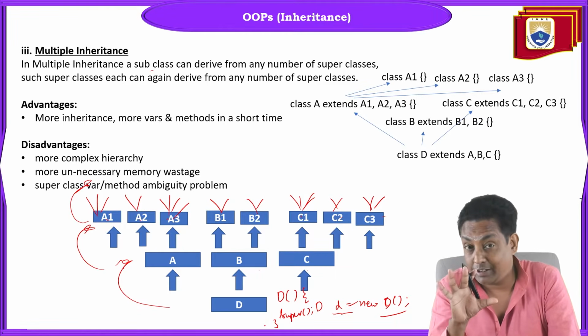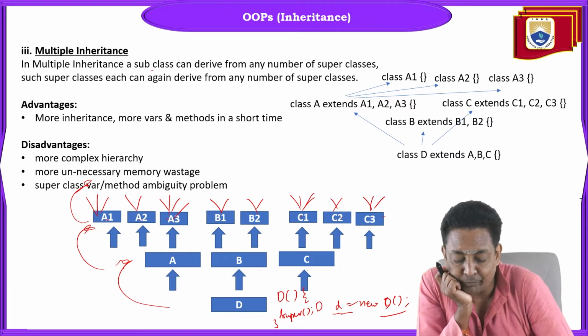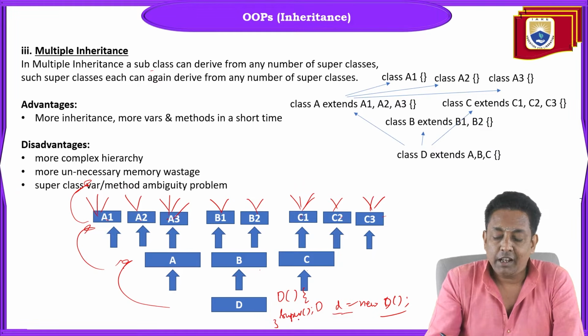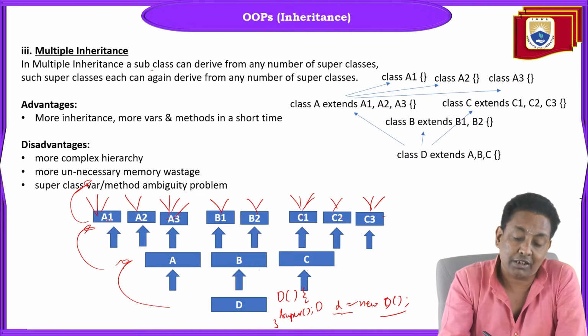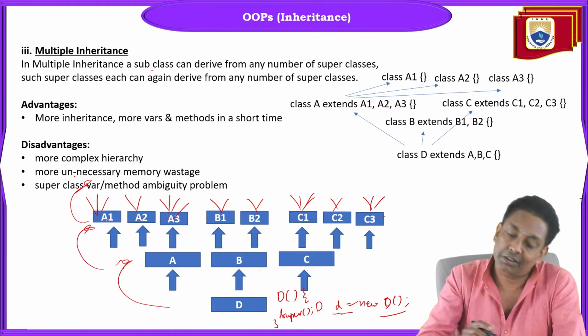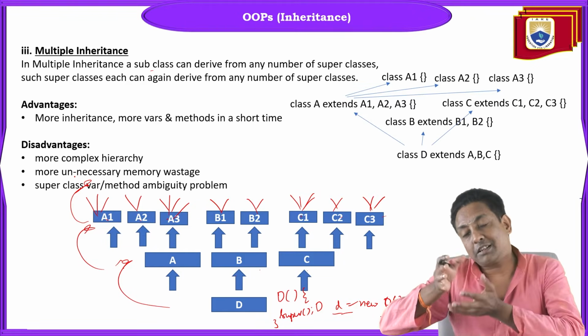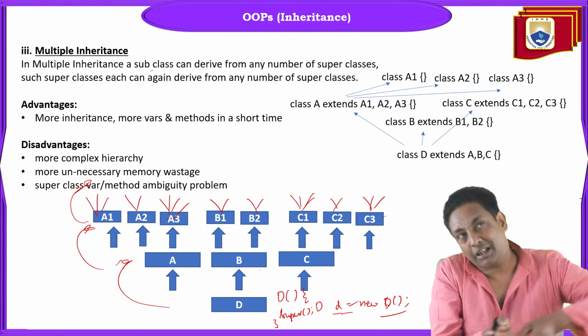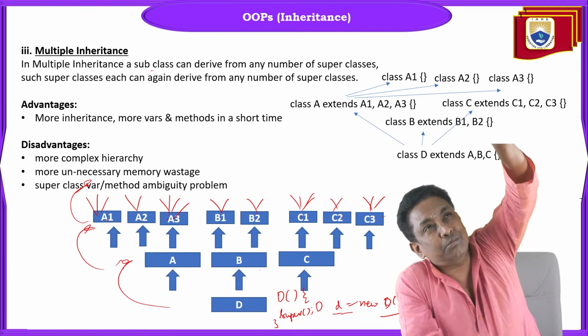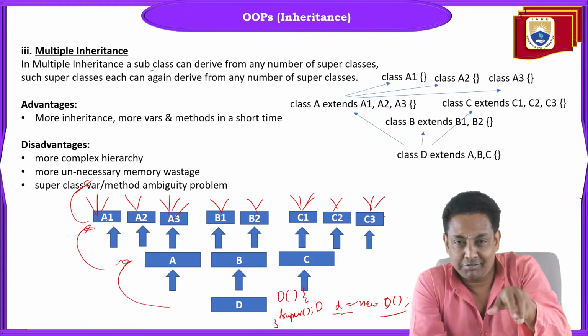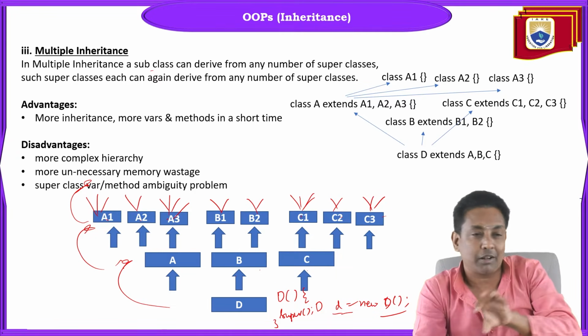I'm talking about multi-level inheritance, not multiple inheritance. So what does it mean? Every child class constructor will call its superclass constructor, that superclass will call its superclass constructor, and so on, from child class to superclass. Memory calculation starts from superclass to child class, and finally to the new operator.